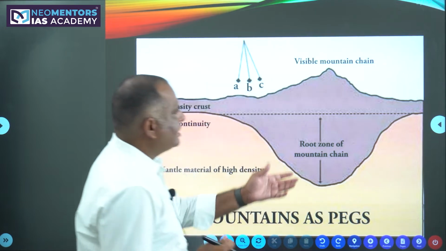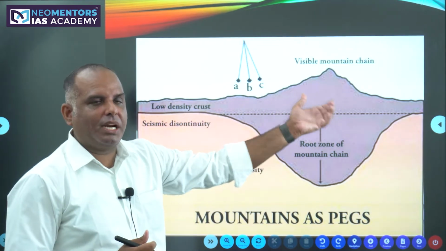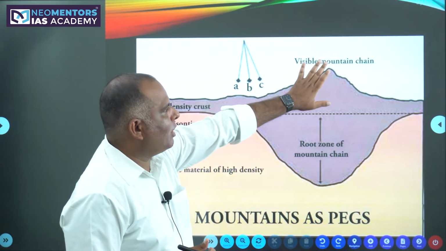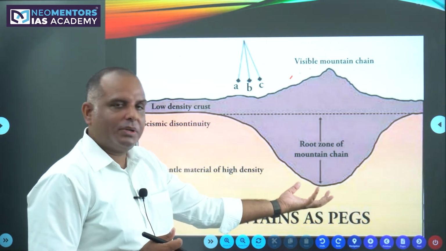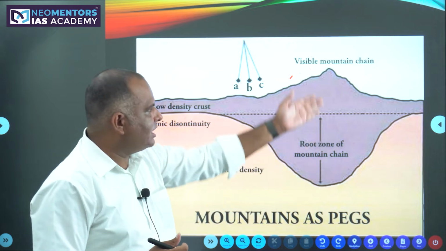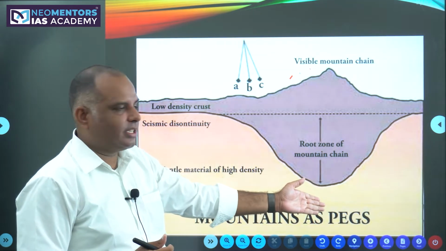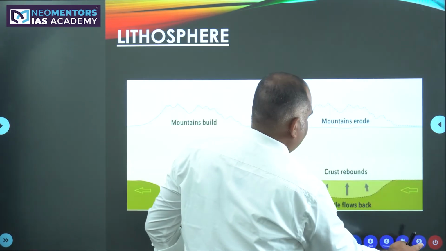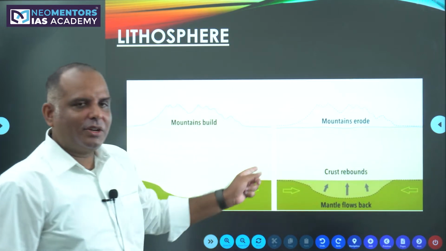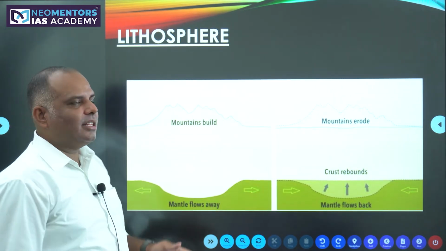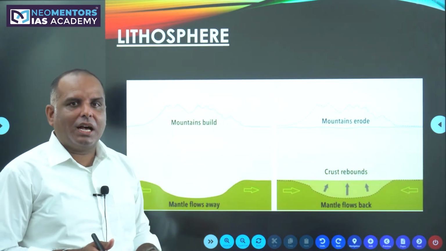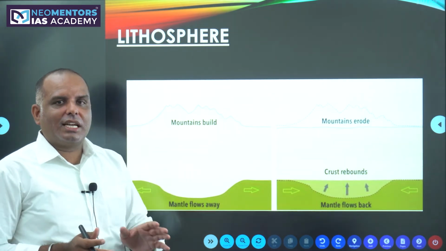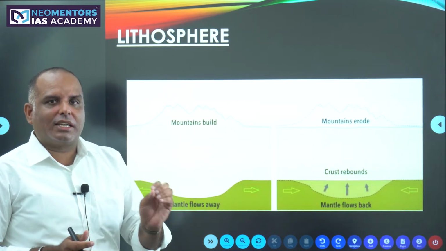Now, this diagram illustrates what I have explained earlier. Presuming this to be a mountain chain, which is the Himalayas, see, there is a larger dip here, right? That means the depth of the lithosphere increased in this case. Again, this is a very good example. This is a phenomenon that has been observed in the recent past. When I say recent past, do not take into consideration the last 1 year or last decade.